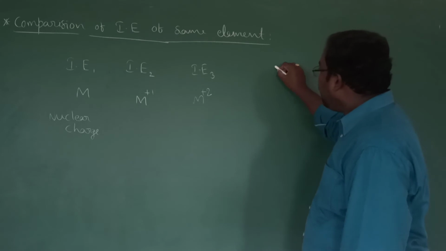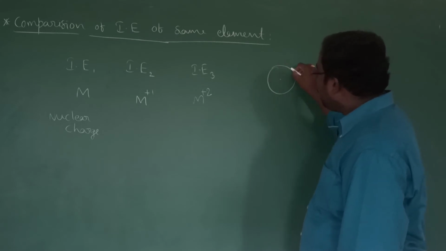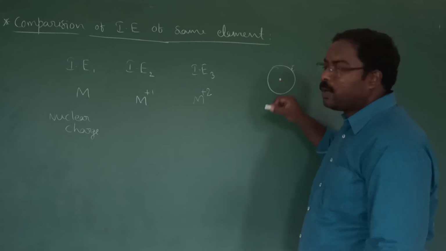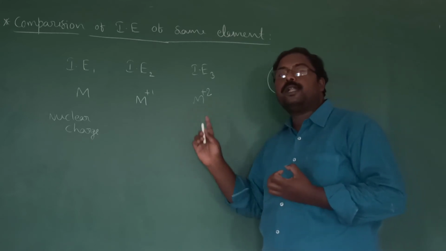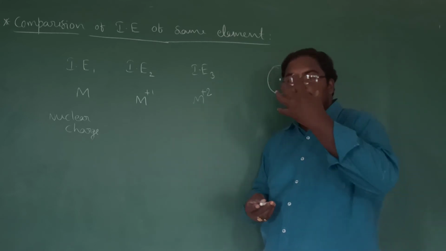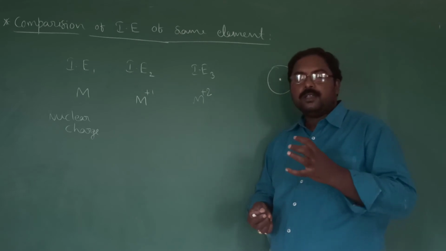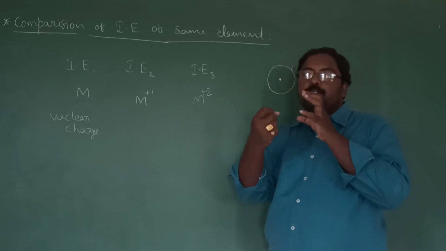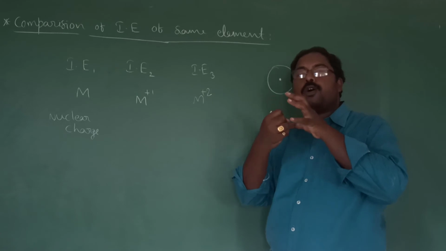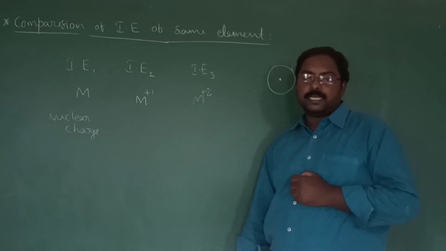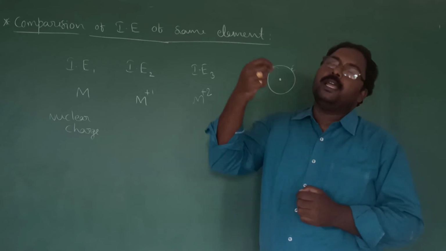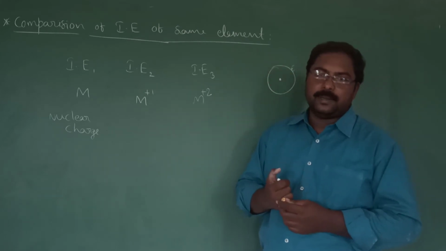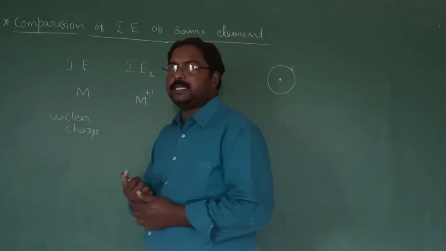All the electrons will be strongly held by the nucleus. It attracts very strongly because the number of protons is more, so the positive character is more than the negative. All these negatively charged electrons will be strongly held by the nucleus. Then if you want to remove an electron, we have to apply more energy. It is very easy to understand.